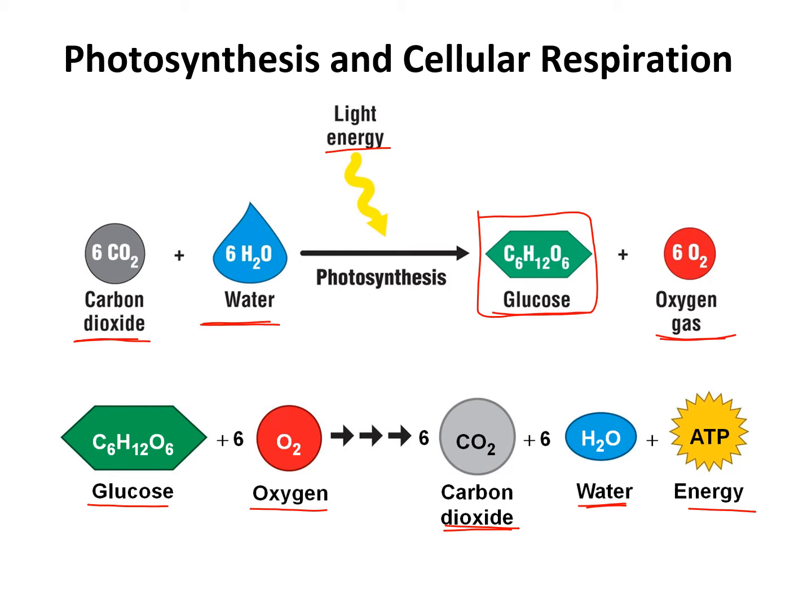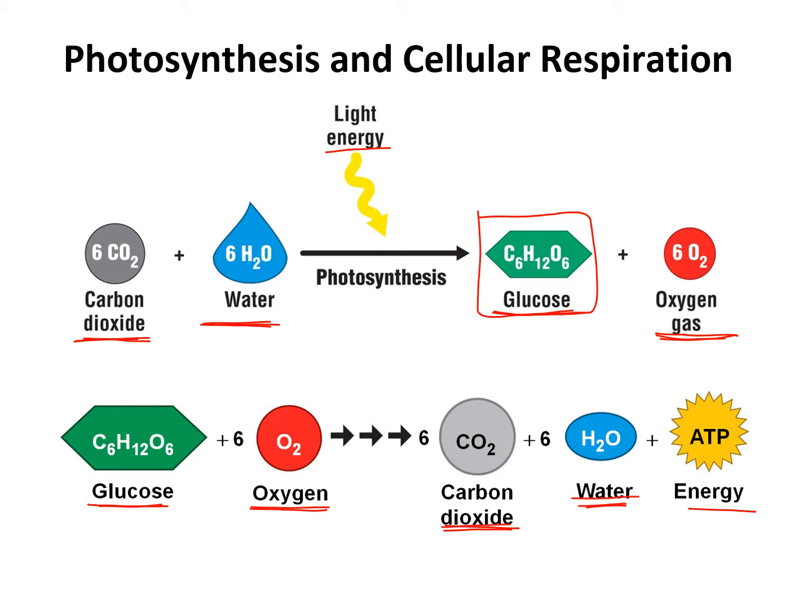So you should understand that the relationship between photosynthesis and cellular respiration, in terms of the molecules being produced, is exactly opposite. In photosynthesis, carbon dioxide and water are used to produce glucose and oxygen. In respiration, the glucose and oxygen are going to be broken down to form carbon dioxide and water.